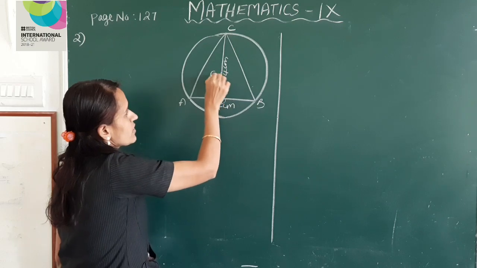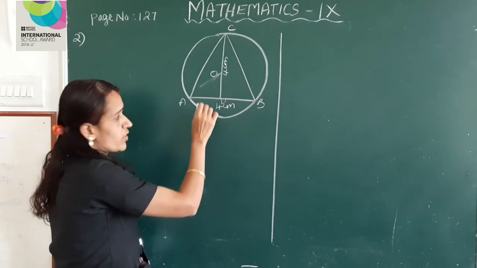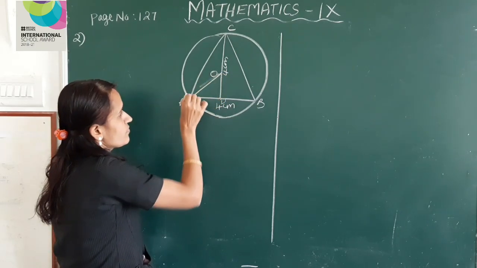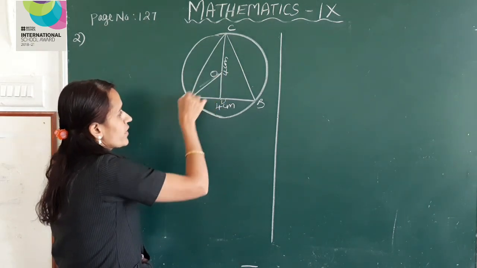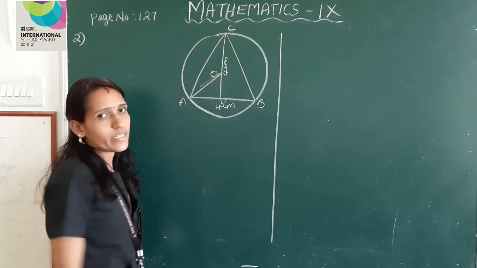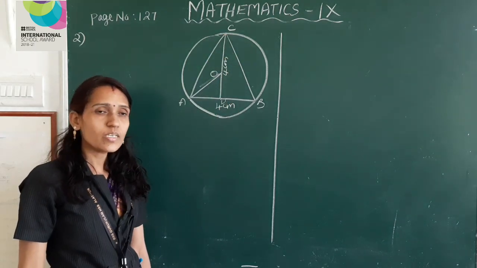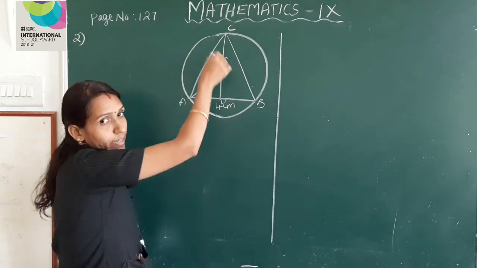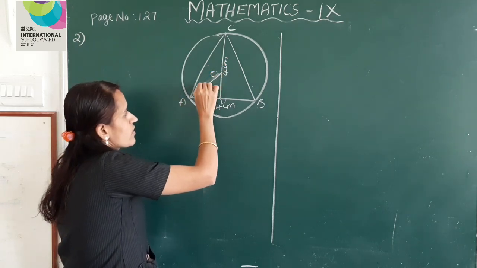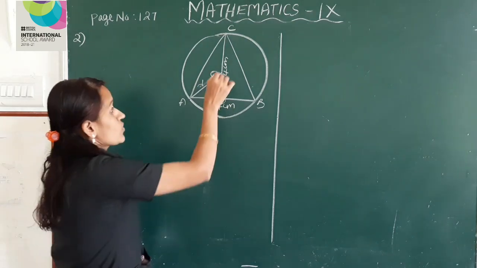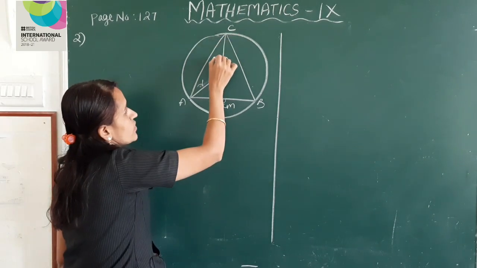Mark the center as O. Join OA. Here, OA and OC are radius of this circle. Okay. So, this length is marked as R. So, OC is also R.